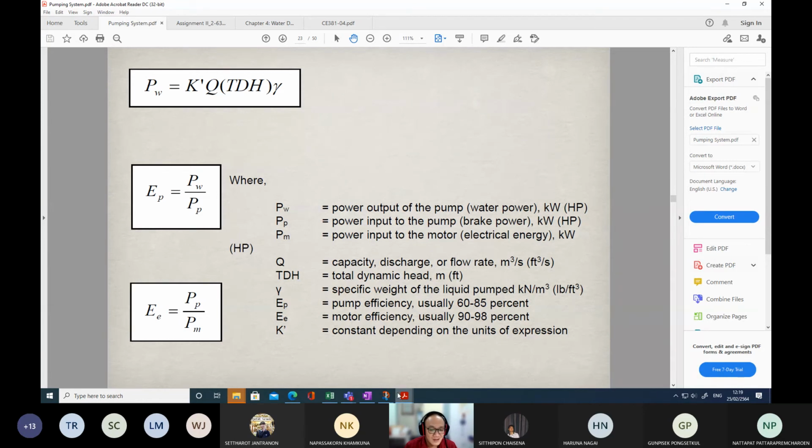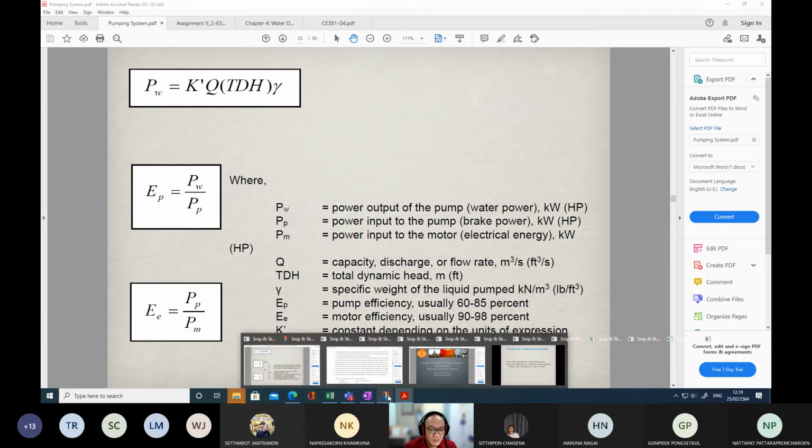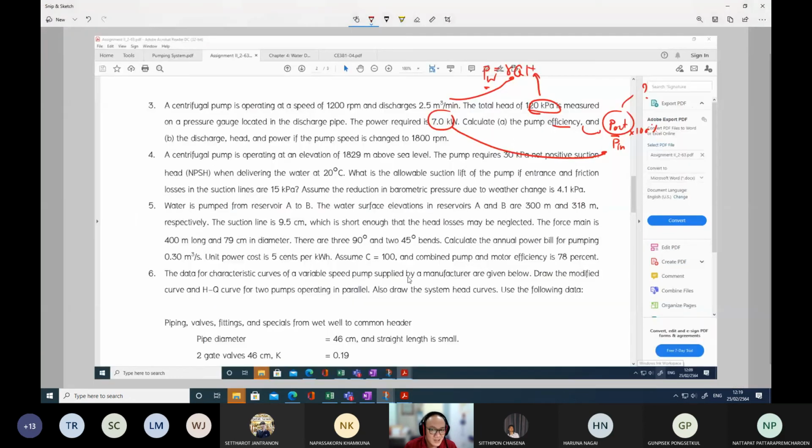So in this question, what I'm going to ask you is to determine the power output based on the operational condition like this. The total head unit is meters, not kilopascal.